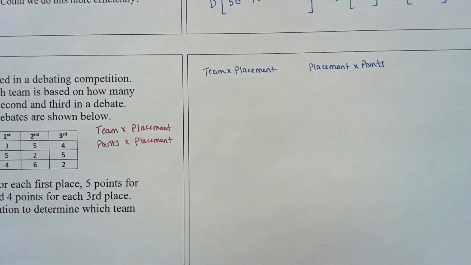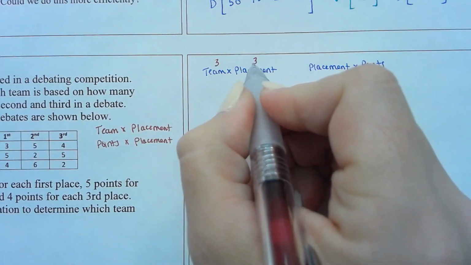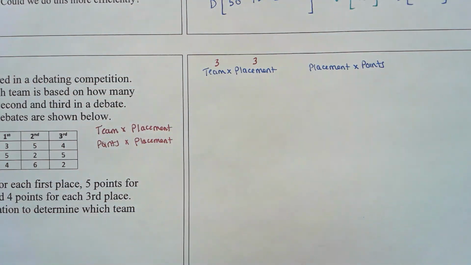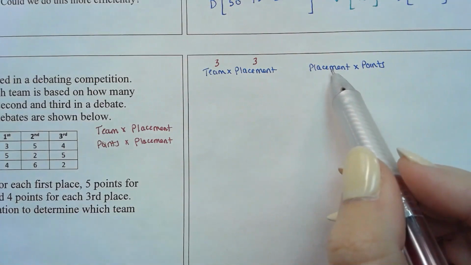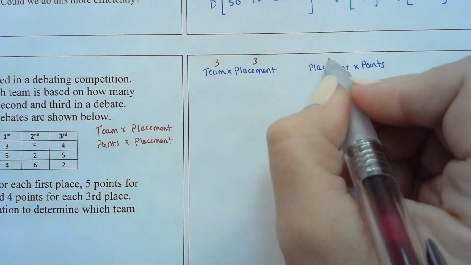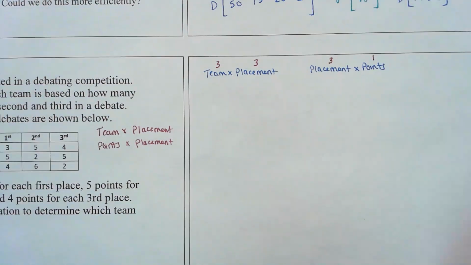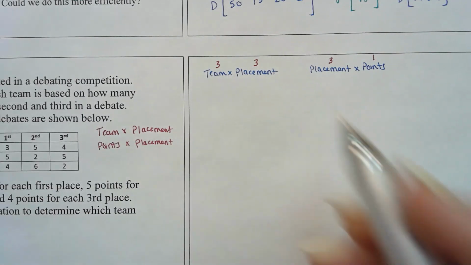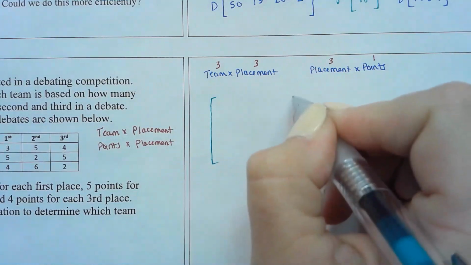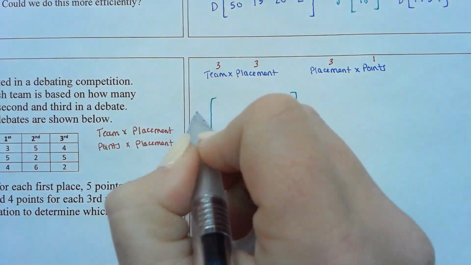Okay, so we have 3 teams and 3 different placement options, first, second, third. We have 3 placement options and 1 point value for each. All right, here we go. So we're going to do a 3 by 3, and I'm not afraid to just go ahead and label.